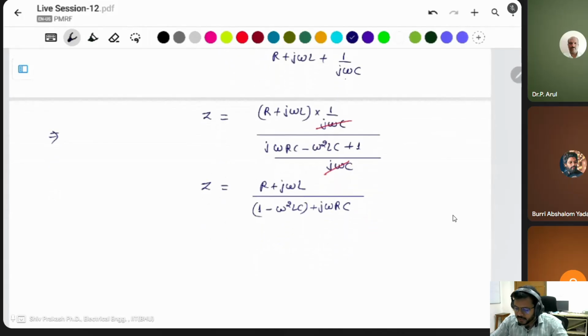You have to separate the imaginary part and the real part, but in this case you can't say directly which is the real part and which is the imaginary part.